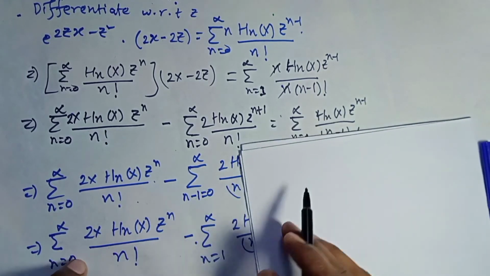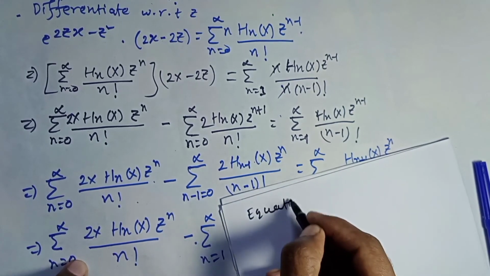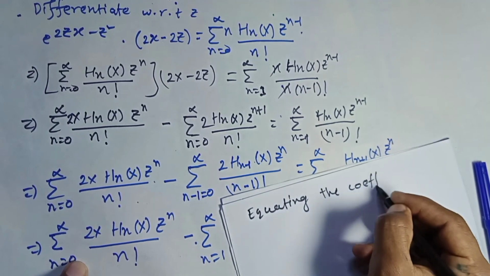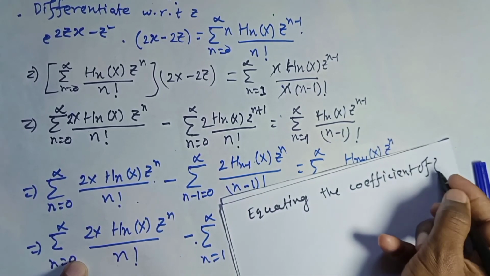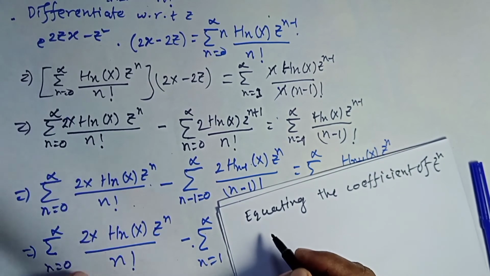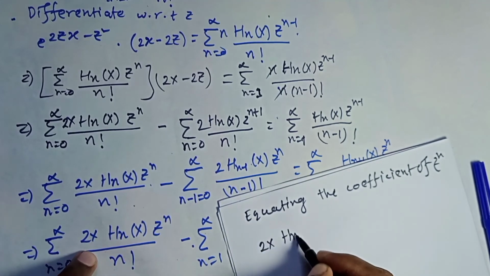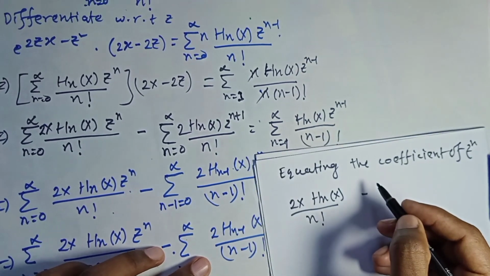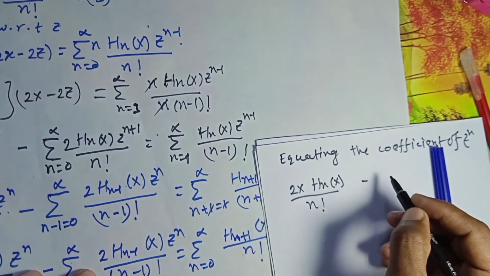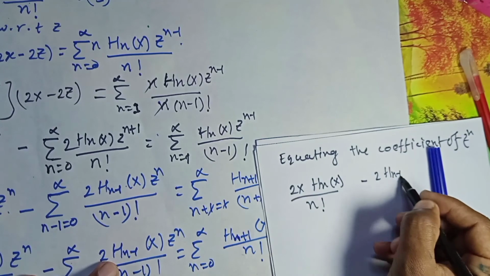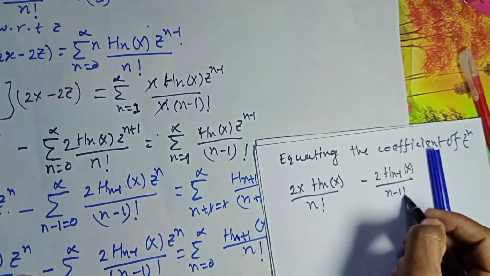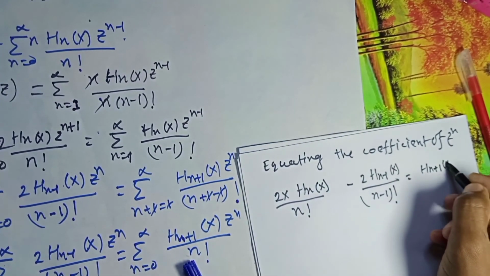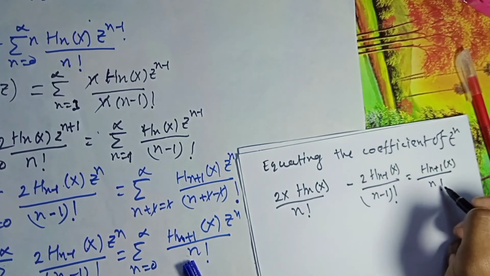Then we get here 2x Hn of x divided by factorial n, minus here we get 2H n minus 1 of x divided by n minus 1 factorial, and on the right side we get H n plus 1 of x divided by factorial n.